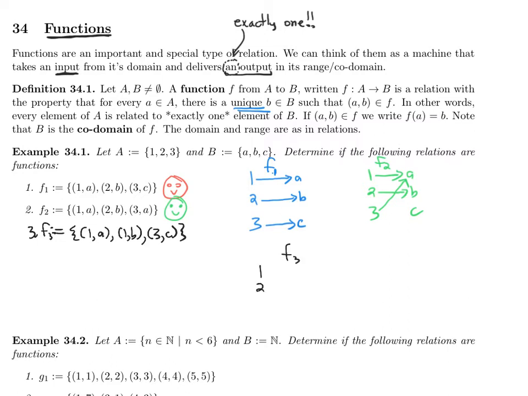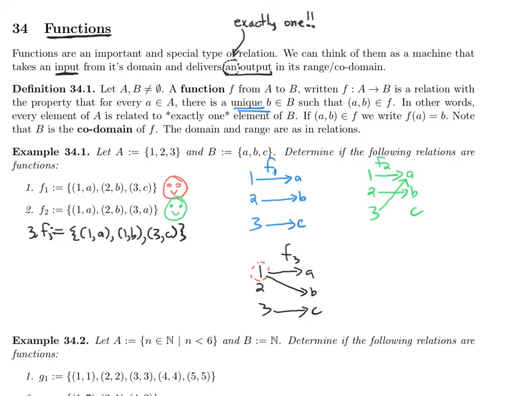F3, again, 1, 2, 3, A, B, C. 1 is related to A, 1 is related to B, and 3 is related to C. And remember, in order to determine if something is a function, you have to check every element of the domain. Is that related to exactly one thing in the codomain? Well, here, 1 is related to 2 things in the codomain. It's related to A, and it's related to B. So this is no good.